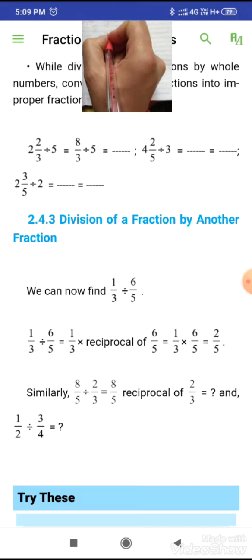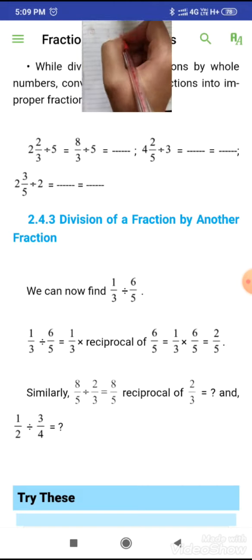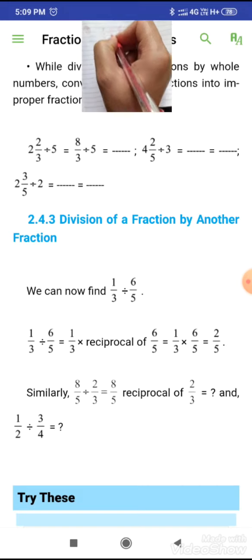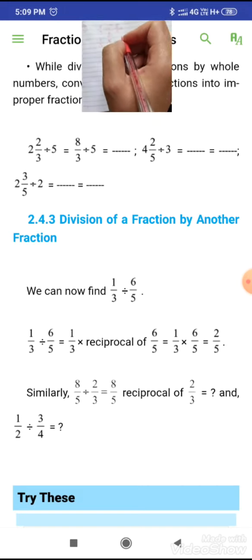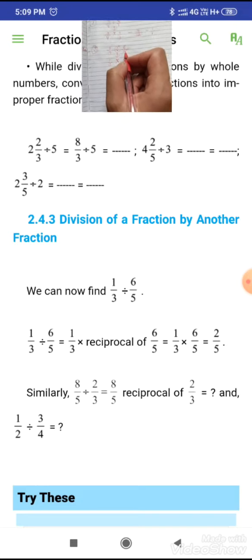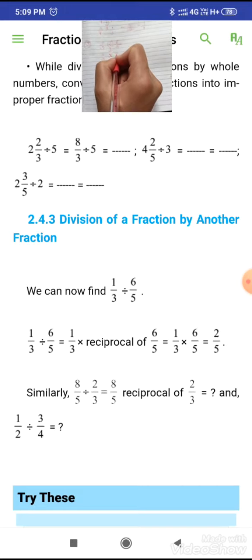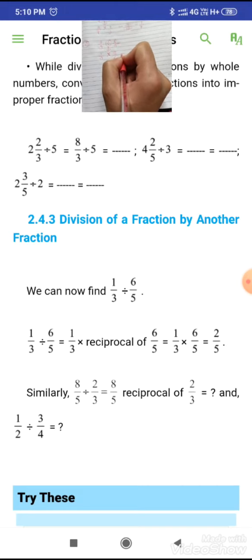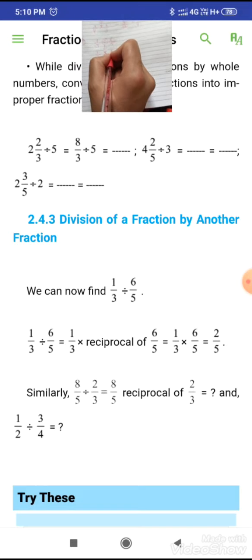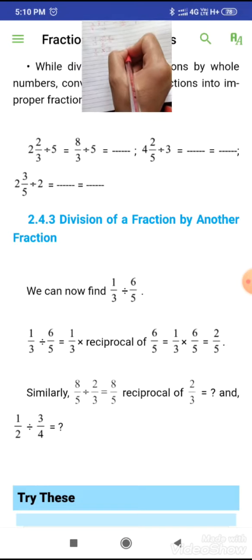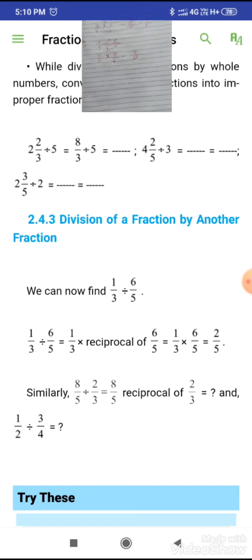First we write first fraction as it is, then we convert this division sign into multiplication sign, and then we write reciprocal of the second fraction, and here reciprocal of 6 upon 5 is 5 upon 6, and then after we simply multiply these two fractions. So 5 multiplied by 1 is 5 and 6 multiplied by 3 is 18. So our fraction is 5 by 18.